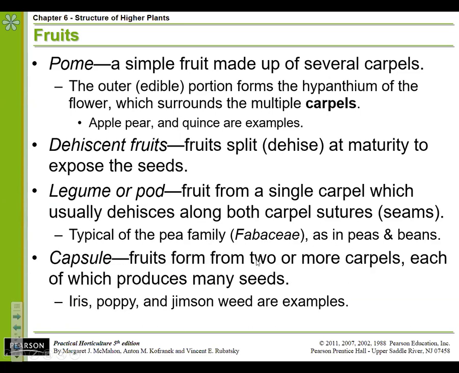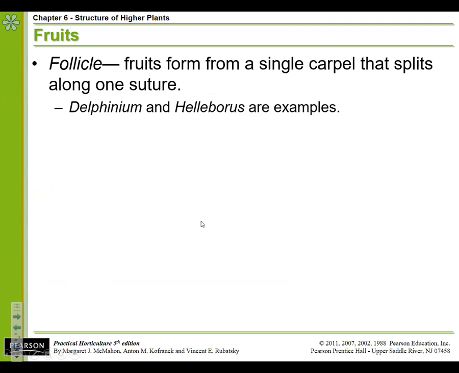Capsules have 2 or more carpels, each of which produces many seeds. So irises and poppies are good examples of capsules, usually kind of more dry, at least when they're ready and mature. Follicles are fruits that form from a single carpel, and they split along a suture.